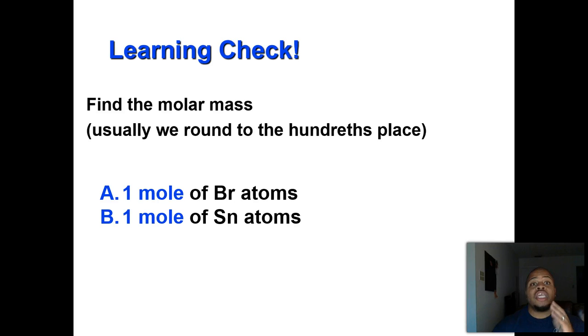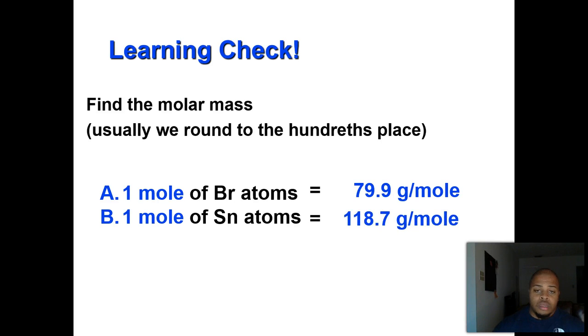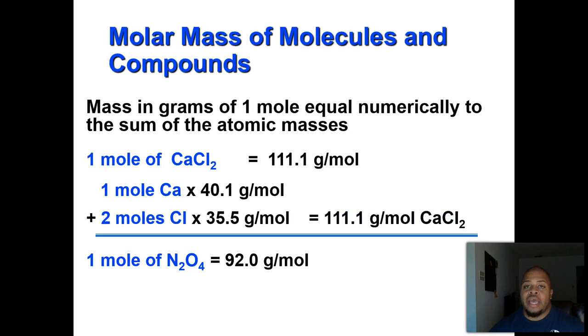Now, how are we going to use this information? This is where it becomes a little bit important. This is just a way for you to check and see, did you actually get it? We're going to use this information in just a second to convert between grams and moles. If we have a compound, and I realize I'm jumping ahead of myself, I have 1 mole of calcium chloride.